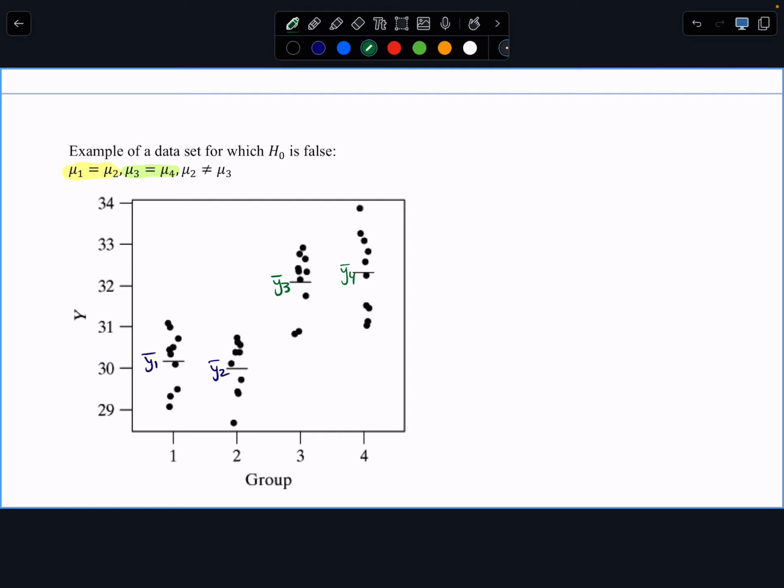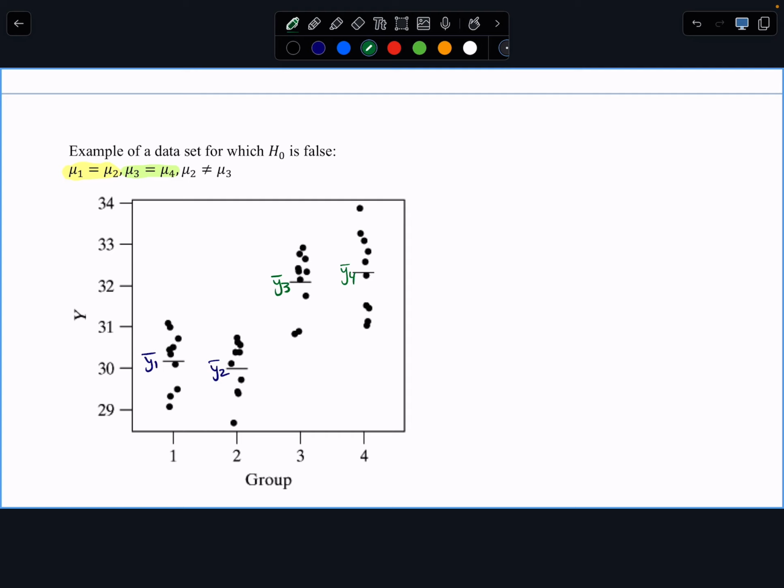But if you notice, y bar 1 and y bar 2 are much different compared to y bar 3 and y bar 4, right? And so this would be a case where if I were to look at my between group variability, right? And I got to look at all 4 groups.